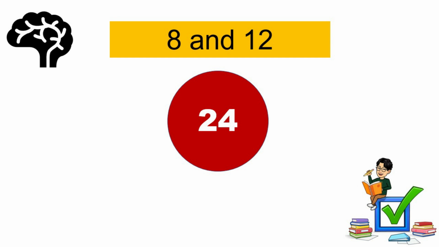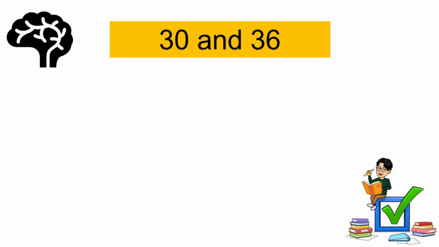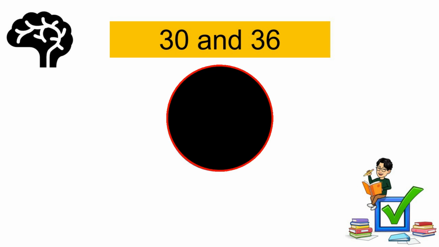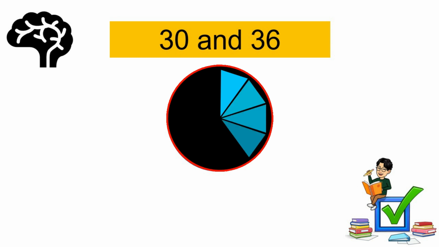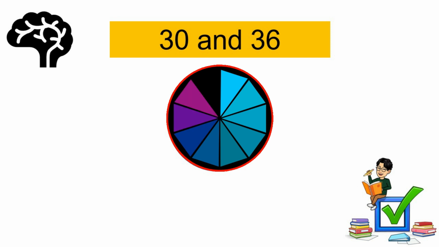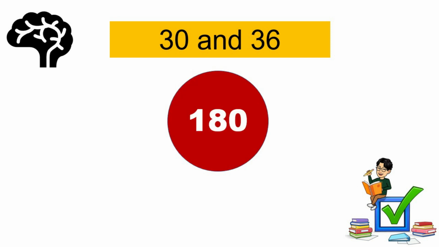You're right! That is 24. What is the least common multiple of 30 and 36? You're right! That is 180.